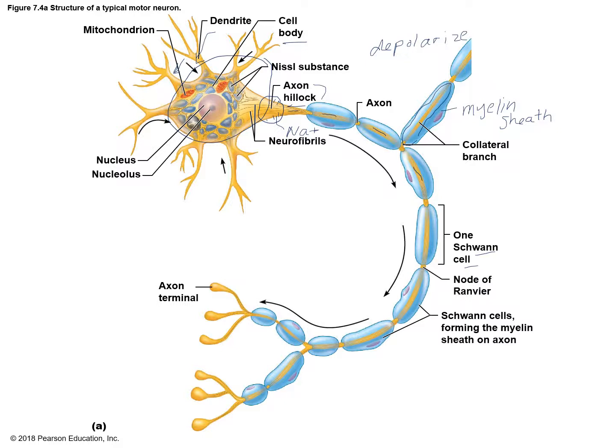And we're not going to get into too much detail with the structure and properties of conduction, but there's the gap basically between the portions of the myelin. This is going to be the node of Ranvier. And then, of course, the axon terminal, this is where neurotransmitter is stored. These are chemical messengers.